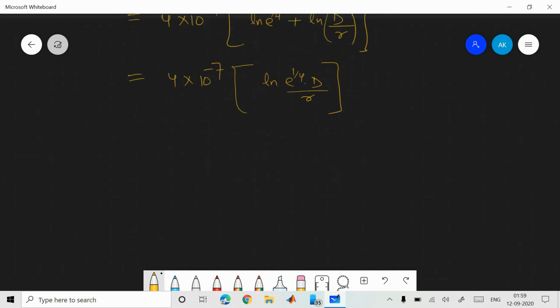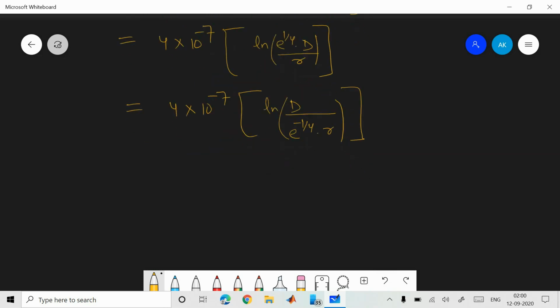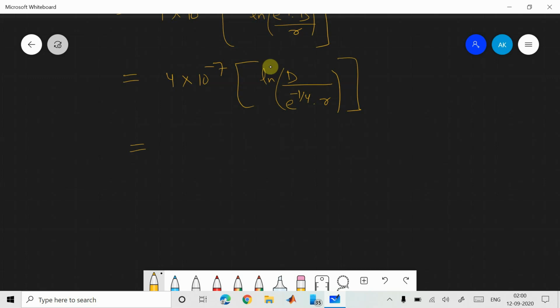If you simplify further, you will get 4 into 10 raised to power minus 7 ln d by e raised to power minus 1 by 4 into r. And you know the value of e raised to power minus 1 by 4.